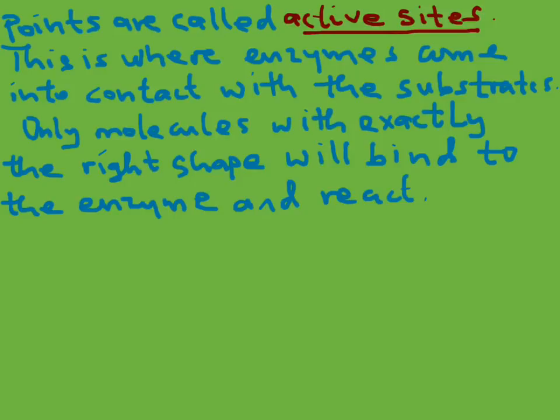Because if the active site of an enzyme has a different shape to that of the substrate, the substrate will not be able to bind to the active site. Therefore, no reaction will occur.